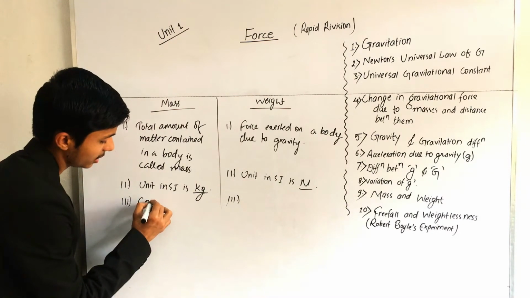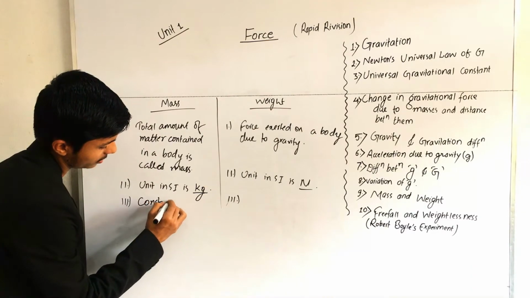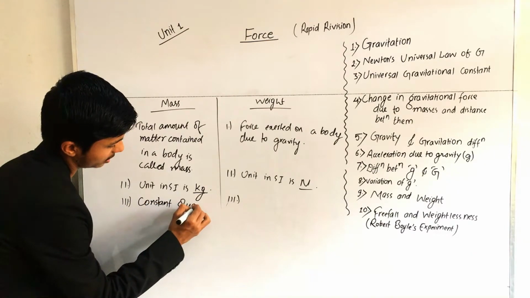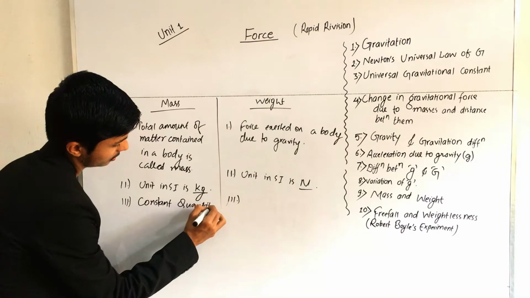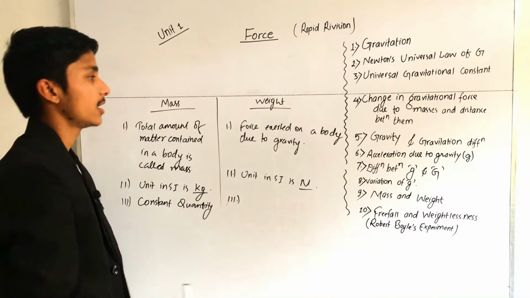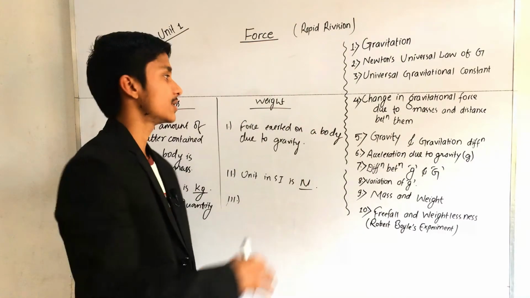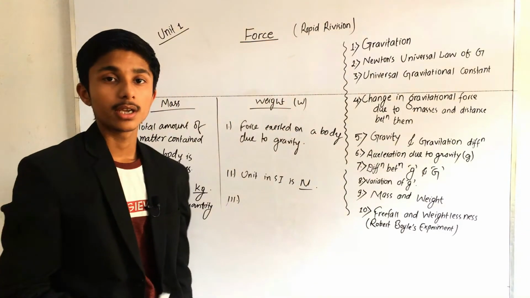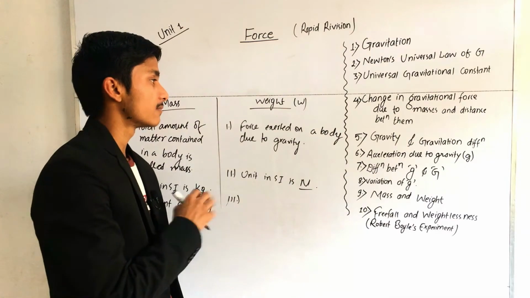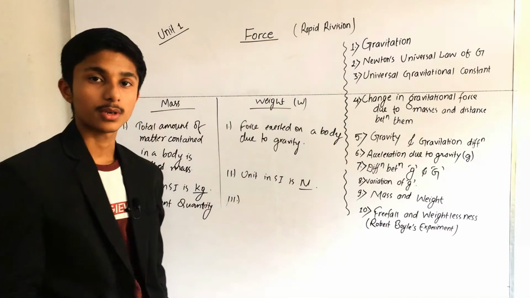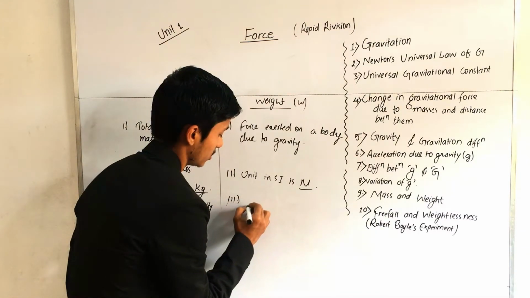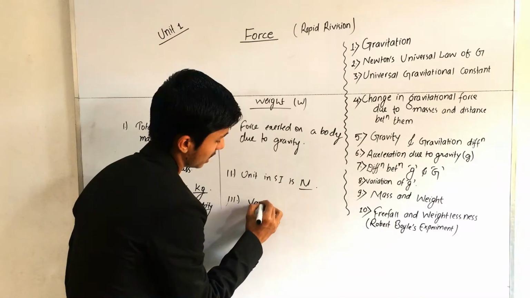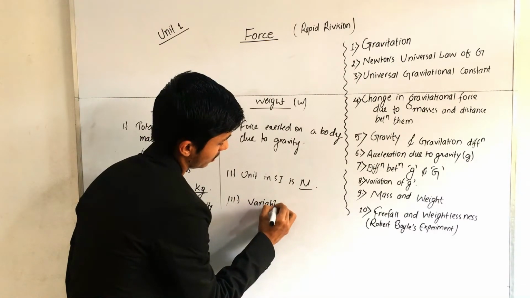So we can write it is a constant quantity. And weight is denoted by W. The value of weight gets changed from place to place. So we can write here weight is a variable quantity.